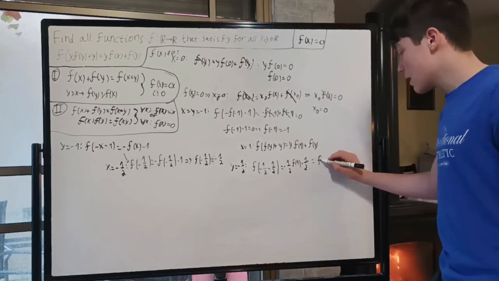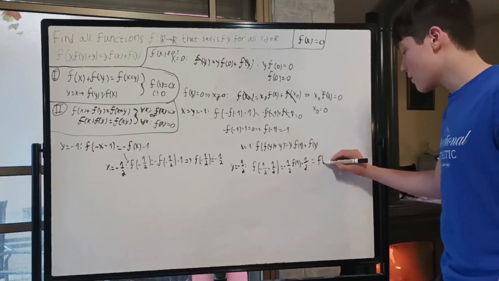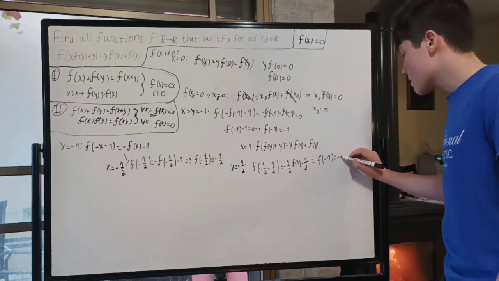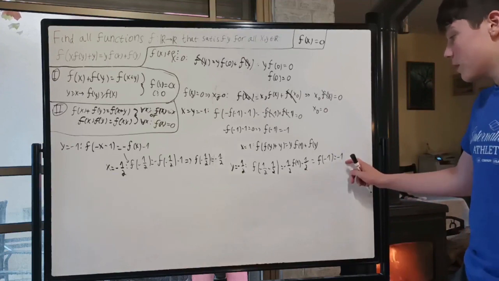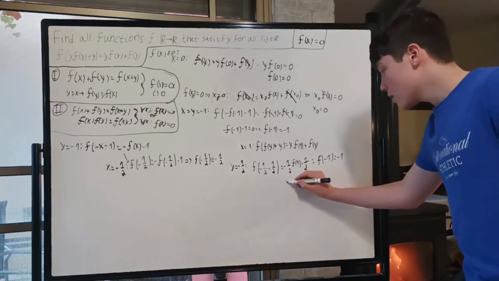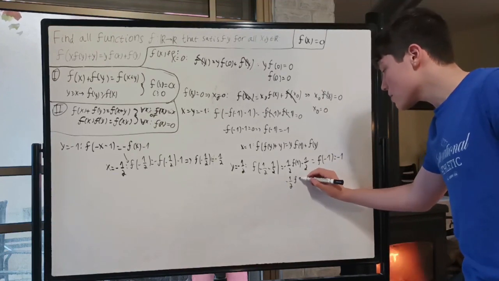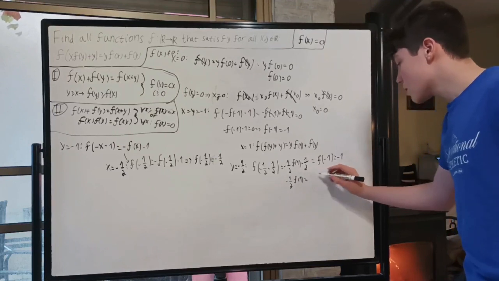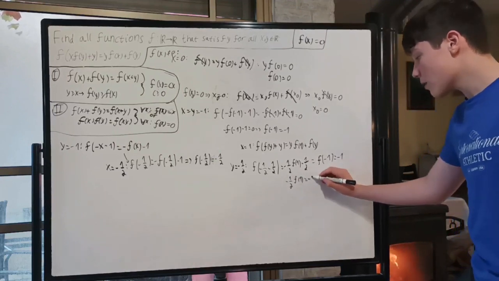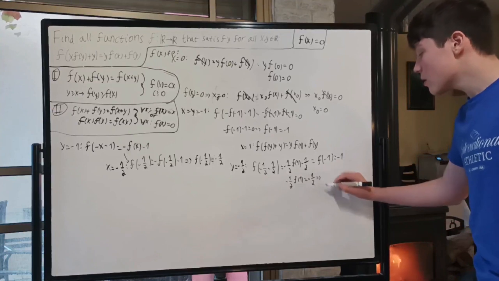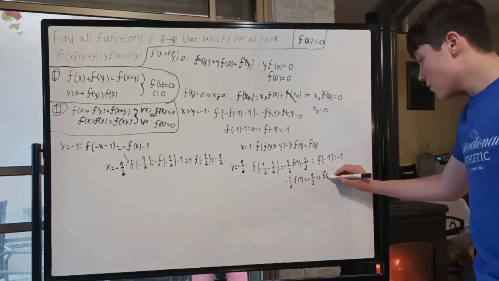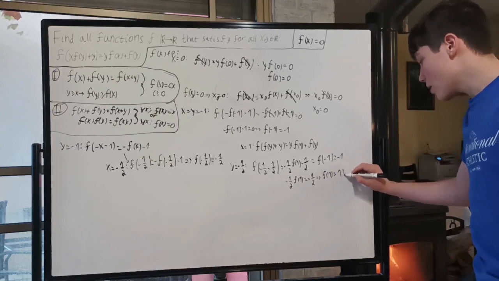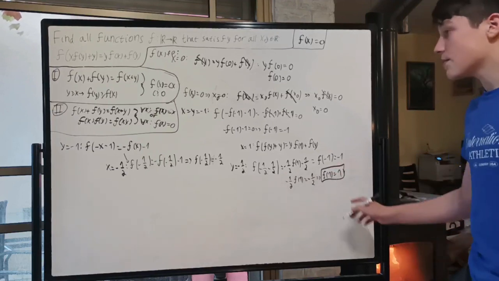This f of -1/2 minus 1/2 is f of -1, which like we said is -1. We can move the plus 1/2 to the other side. -1/2 times f of 1 is equal to -1 plus 1/2. It's -1/2. Divide by 2 and multiply by -1. f of 1 is equal to 1. That's very important.